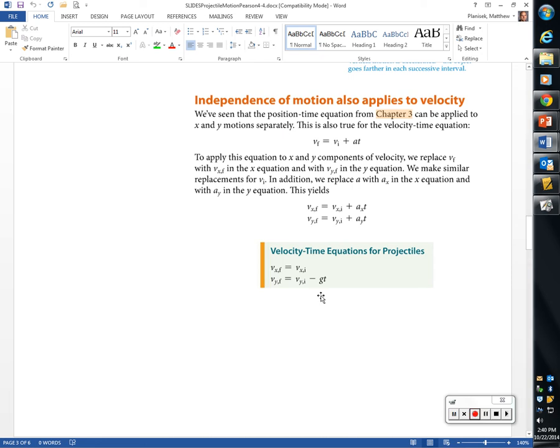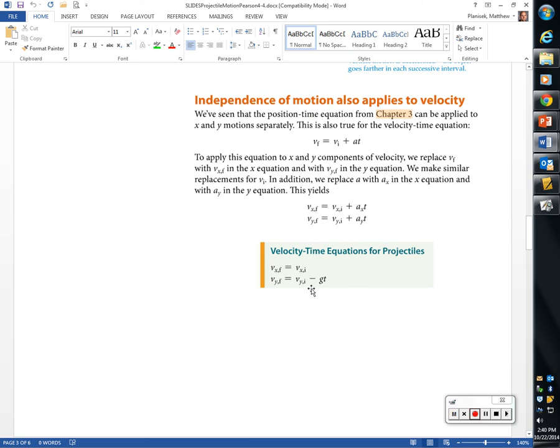But in the second one, there is acceleration. It's caused by gravity. So we'll substitute in g for that spot in the equation. But remember, the equation is VI plus AT.